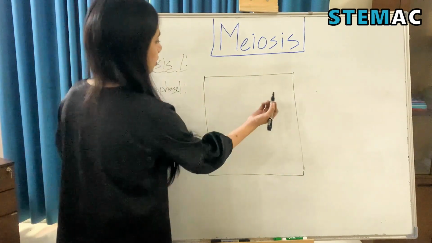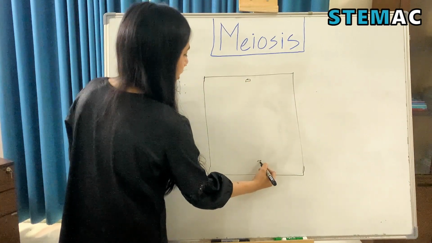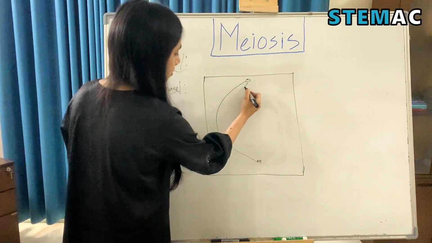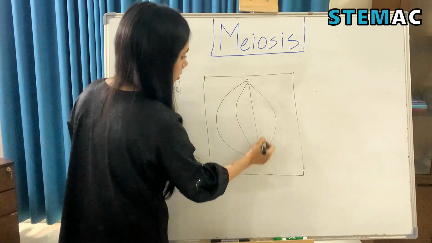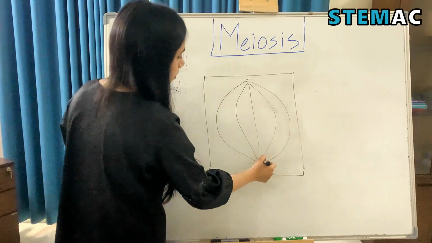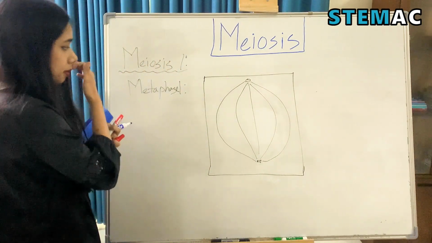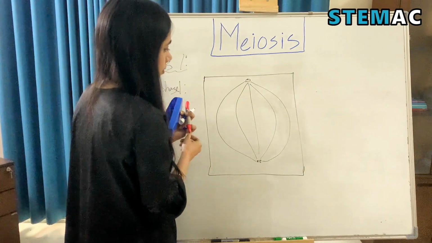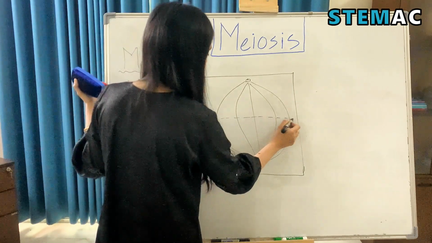In this case, our centrioles will move to two different poles, and they will form the spindle apparatus. The homologous chromosome pairs will move to the center of the spindle apparatus.